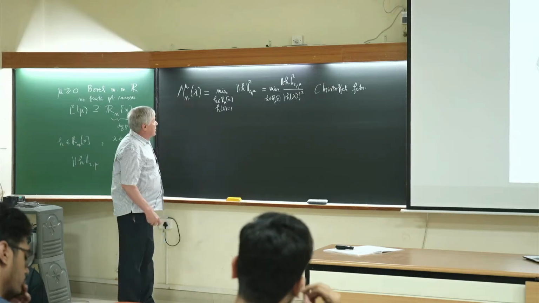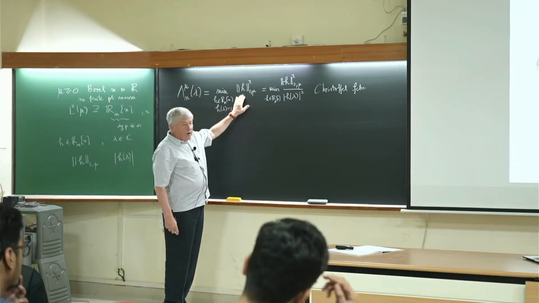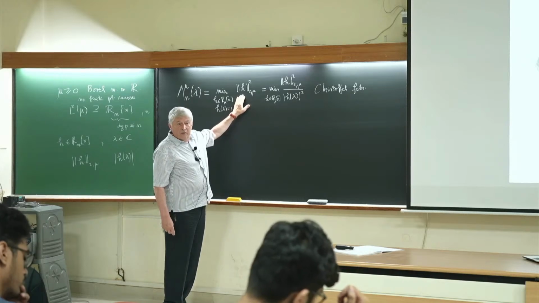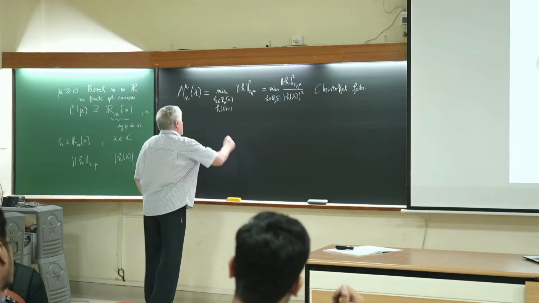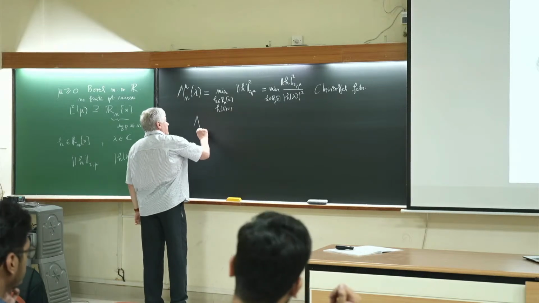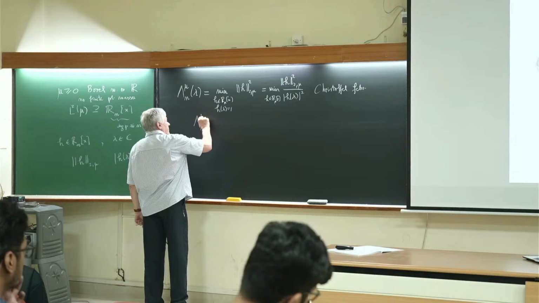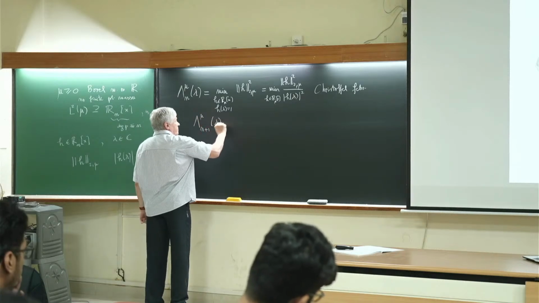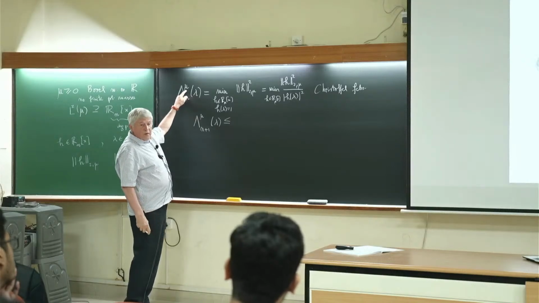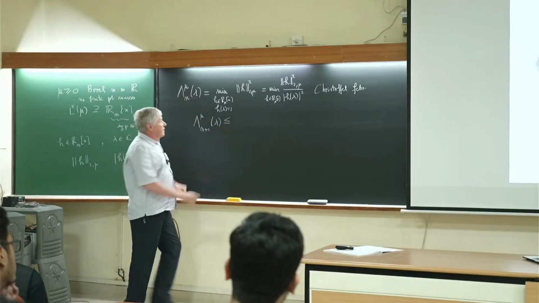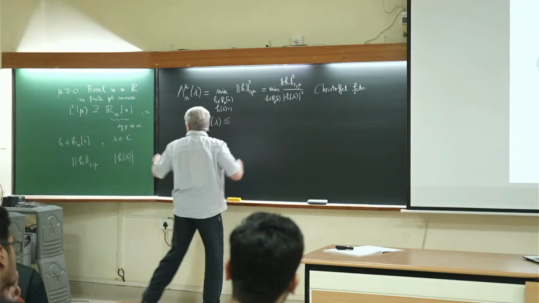So the first observation: if we run with more polynomials, obviously the minimum decreases. So we have this simple observation. Mu is the measure which we fixed there.